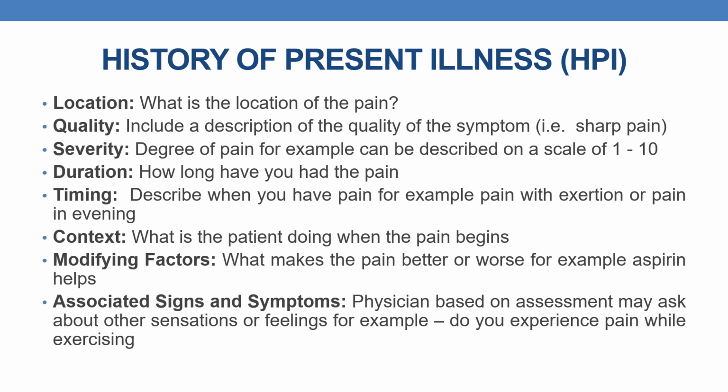Next is the timing. It describes when you have pain. For example, pain with exertion or pain in the evening, pain that comes in the morning. So that is the timing. Next element is context. What is the patient doing when the pain begins? For example, if a patient suffers a heart attack while he is doing exercise, here the context is exercise.